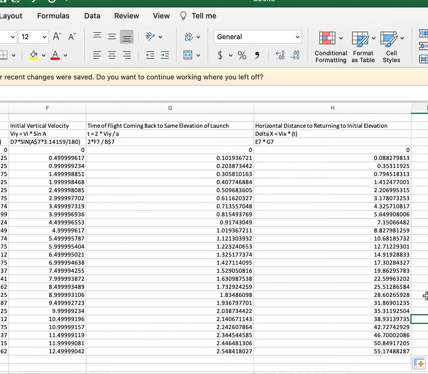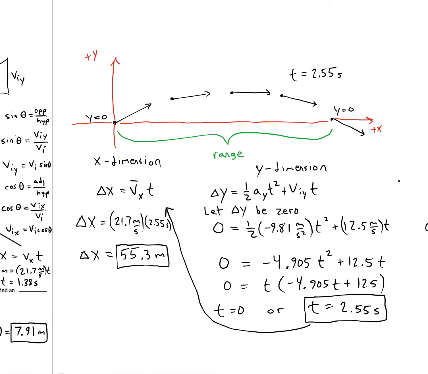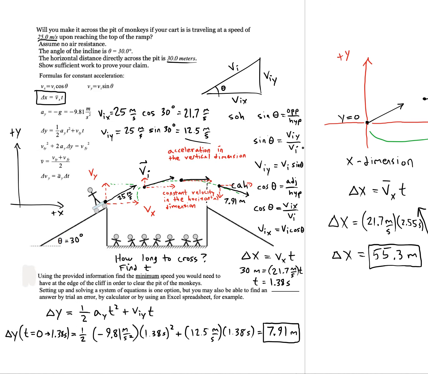This is great because you can see here that the range was 55 meters, and that is what we found in the previous calculations. Right here, we said 2.55 seconds to return to the same height of the launch, and then we calculated 55.3 meters of a horizontal distance covered. And we said that was too much because the pit is only 30 meters across.